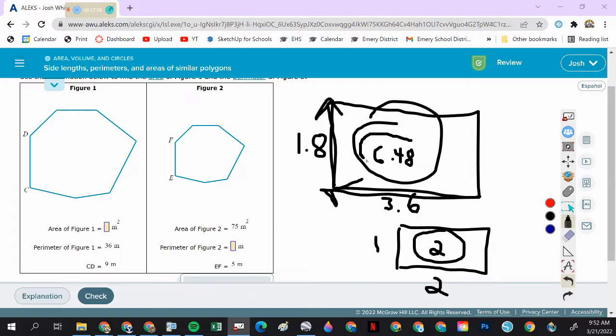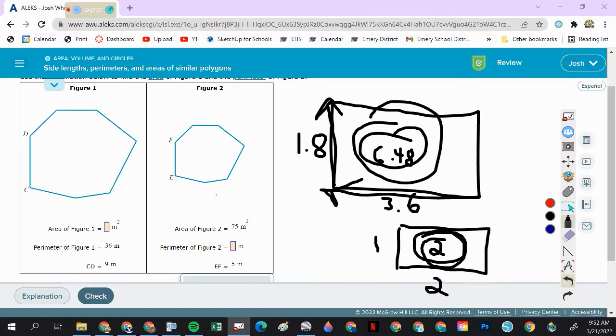So how much bigger is this going to be from 2? It's going to be 1.8 times 1.8 because there are 2 directions. So to go from 75 to this, I'm actually going to do 75 times 1.8 times 1.8, and I get 243.